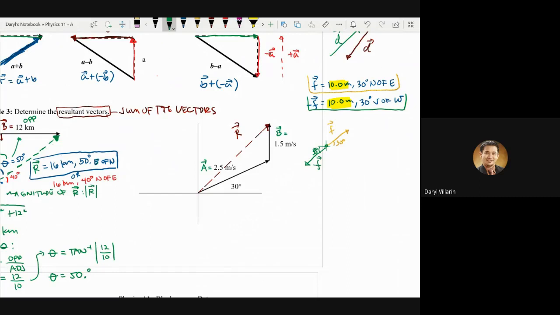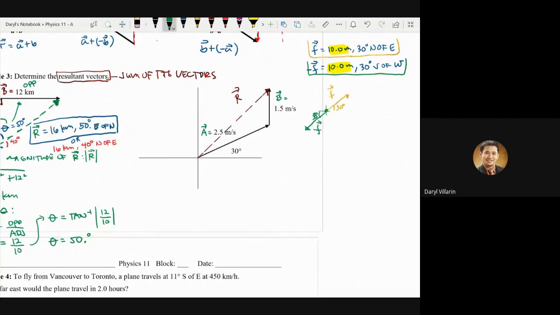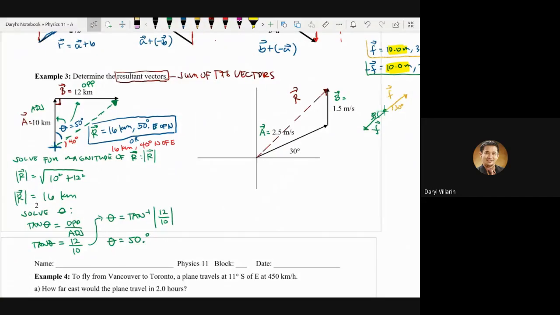Okay, but I need to take note that my vector A would have both X and Y components. So this is no longer as simple as the first example here, because the first example gives you a right angled triangle.